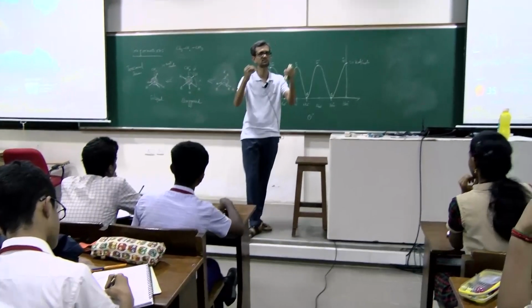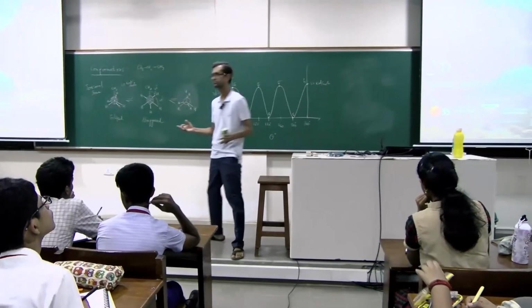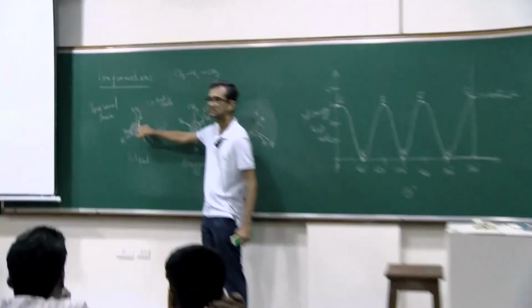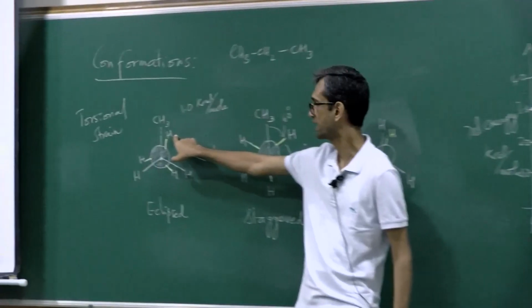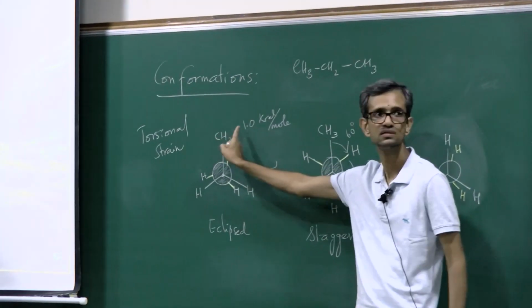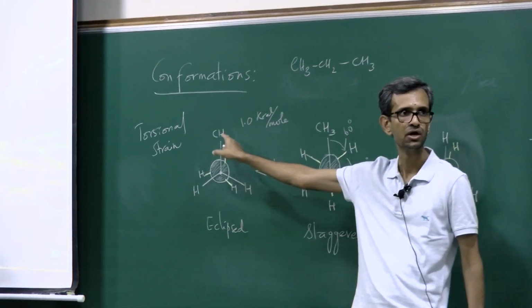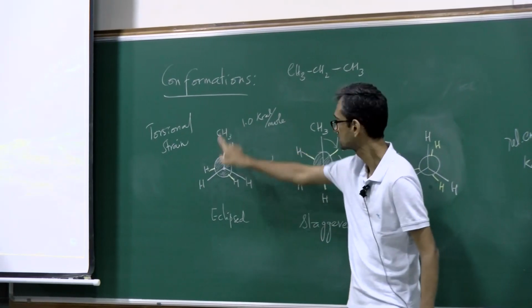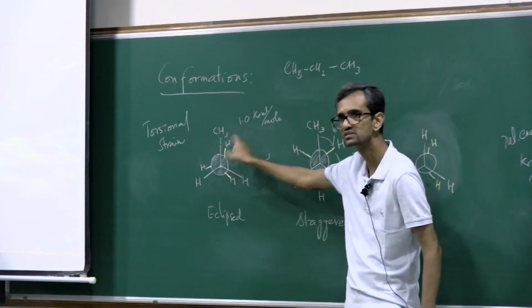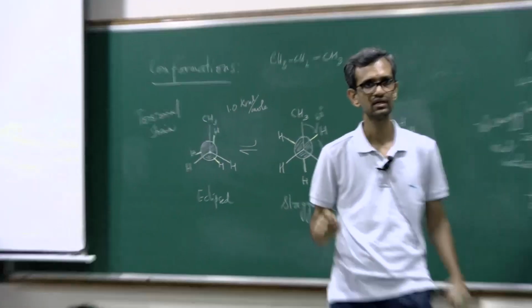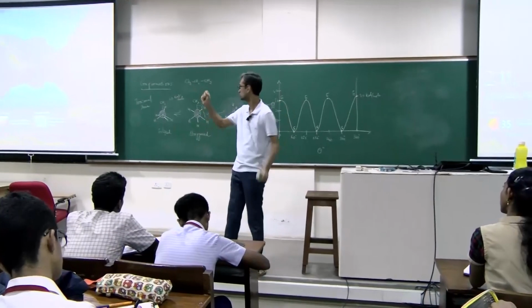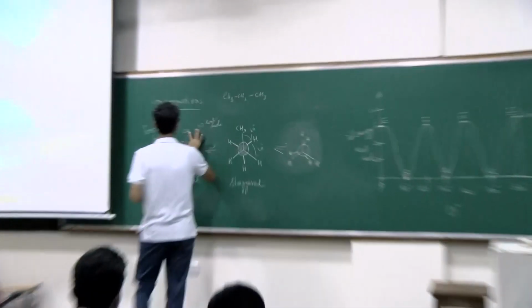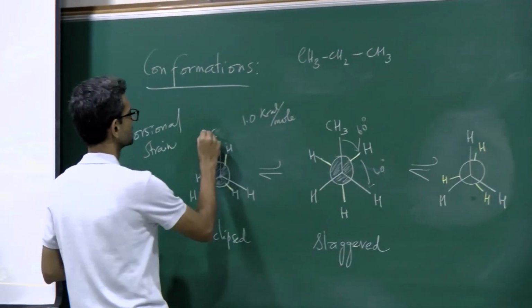The hydrogens of this CH, the hydrogens of this CH from the methyl, and then the hydrogen of the carbon behind. Those two, if you have a connectivity, let us write it a little more.